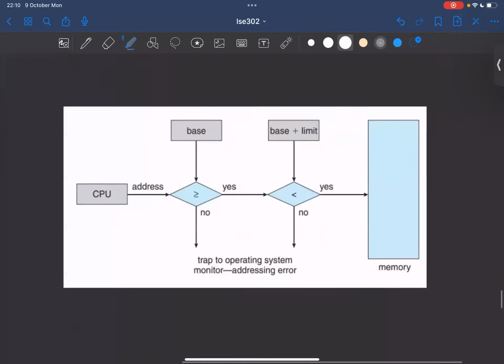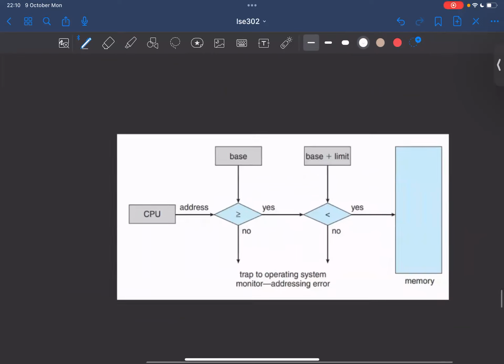So we can look at that figure. Okay, it's a good example to show traps and also unauthorized memory access.